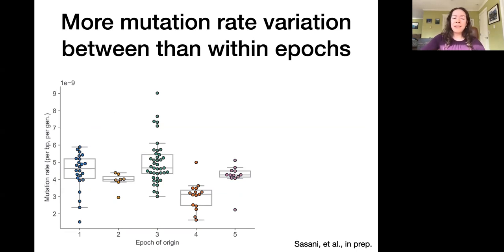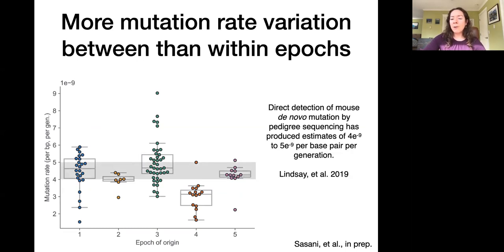And then you see there's some variation, but a lot of the variation between epochs goes away. And just for comparison, there have been previous estimates of mouse mutation rates from standard trios and other pedigrees. And what we get is centered at the previously estimated range, which was reassuring.